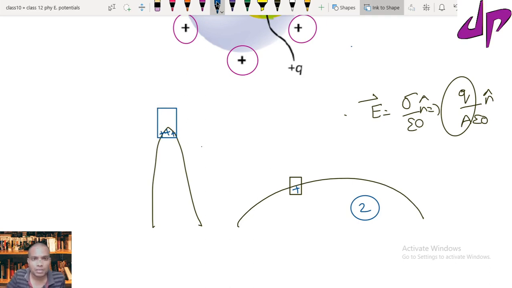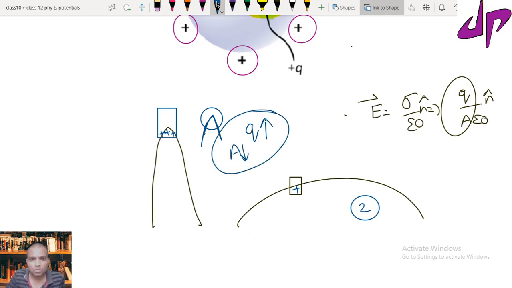Why? Because here it is a sharp point shape, just like a pen point. According to this formula, where the area is less, there the charge is more. That is the inverse relation.